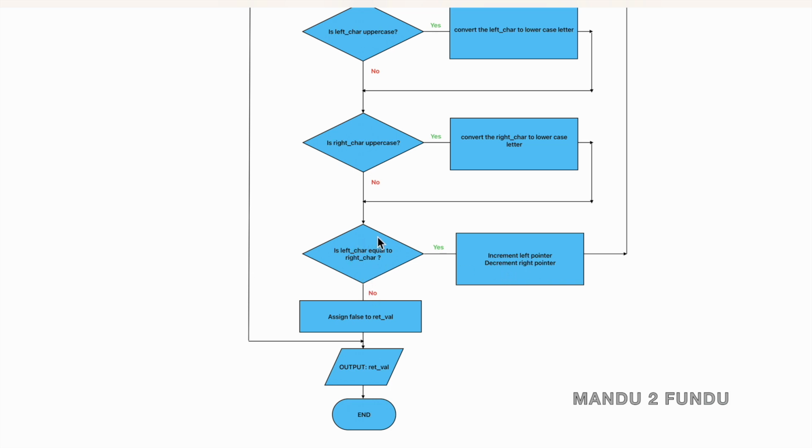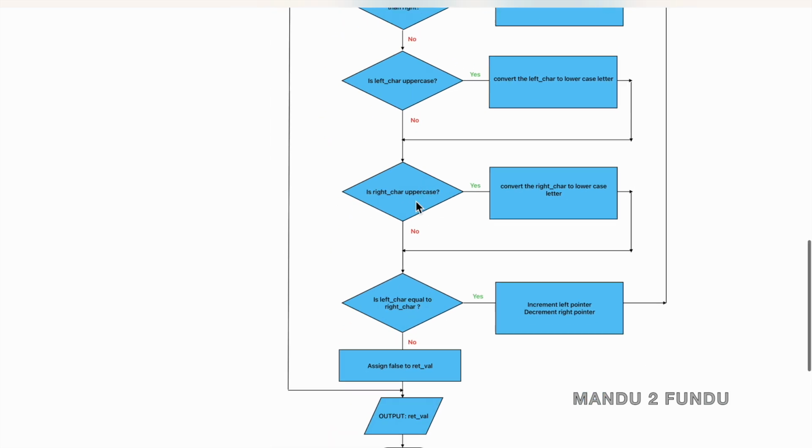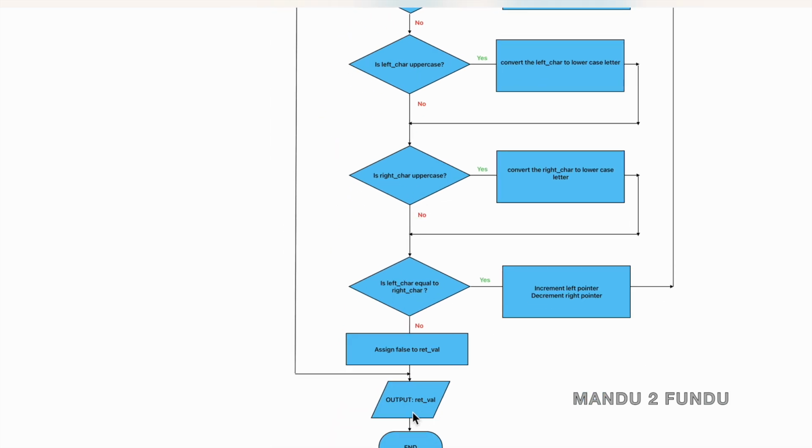Otherwise, it is not a palindrome, so we assign false to the return value, and then finally we return the output. But if all the characters match, then at the end of the loop the return value, which was initialized to true, is still true, so we return true at the end.